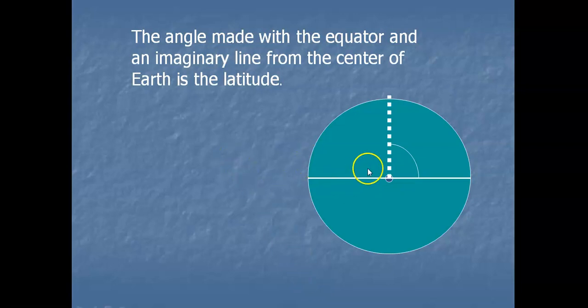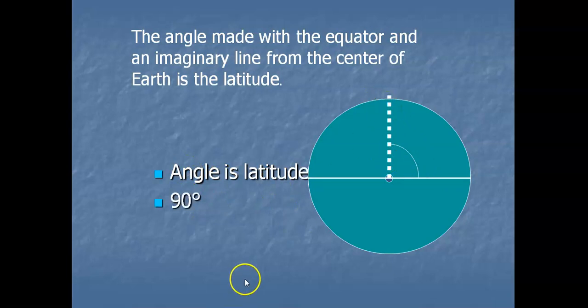What winds up happening is the angle that is made between that imaginary line and the equator is the latitude at the surface of the Earth. That is it. The angle is the latitude, and that represents our maximum reading. That's why 90 degrees is our maximum reading at the North and the South Pole.